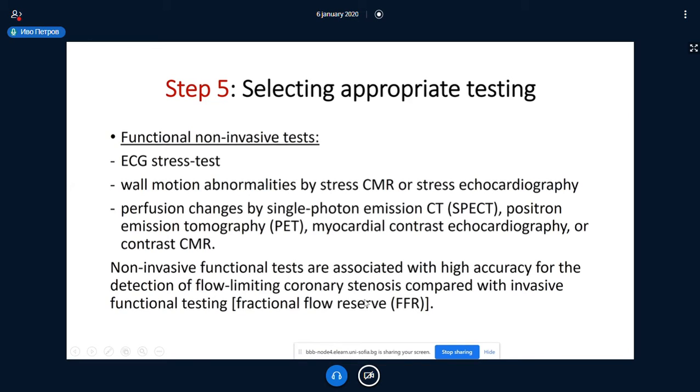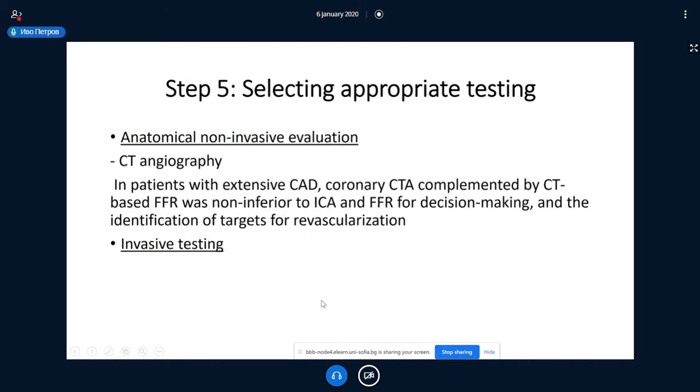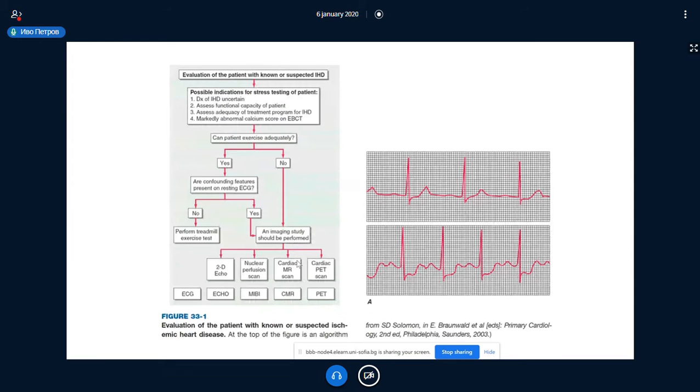before going to coronary angio, and during the coronary angio deciding which are the stenoses that are guilty for the problem, and whether these stenoses are just mild or significant. So in patients with extensive coronary artery disease, the coronary CTA and the ECG stress test are also very important.